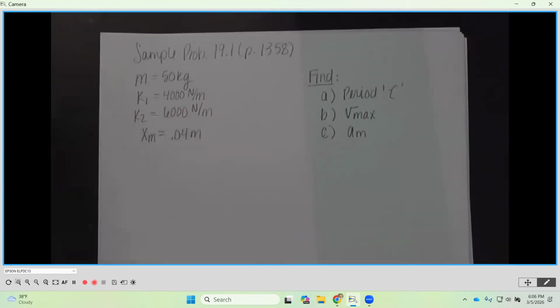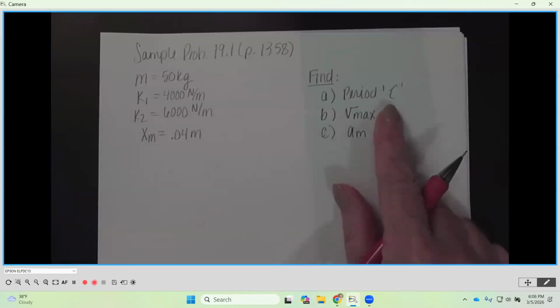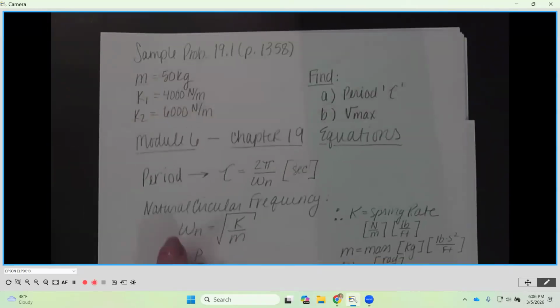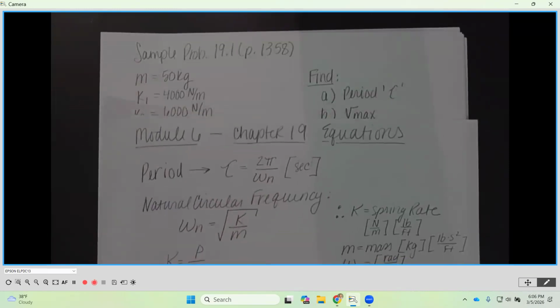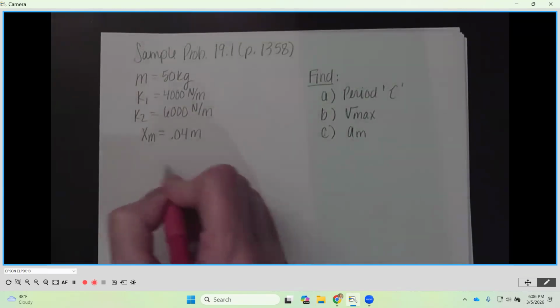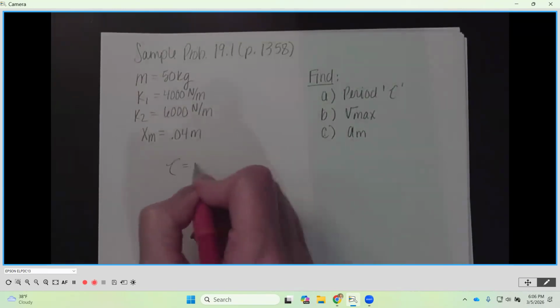So I'm going to go back to my equation sheet. The equation for period is 2 pi over the natural circular frequency, so I'm going to identify that here.